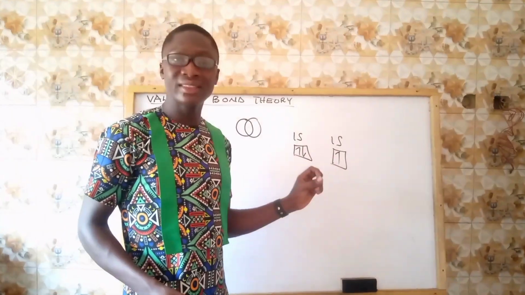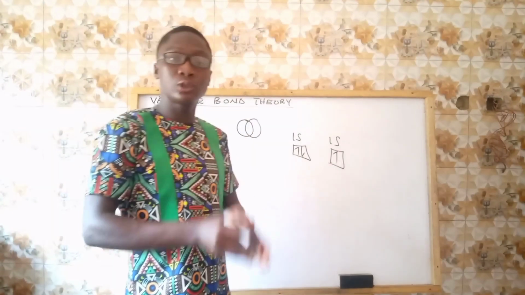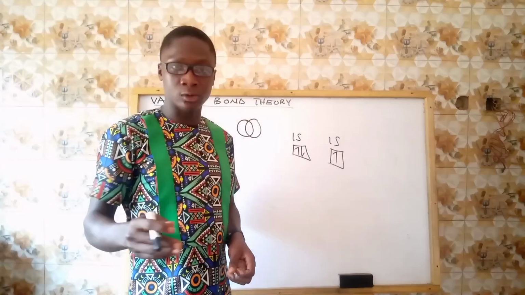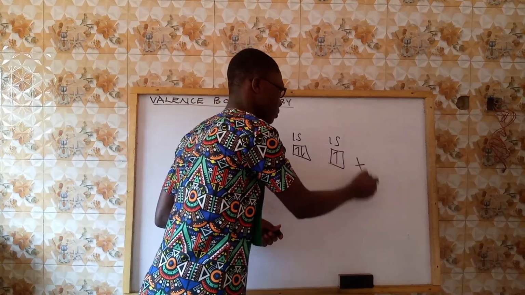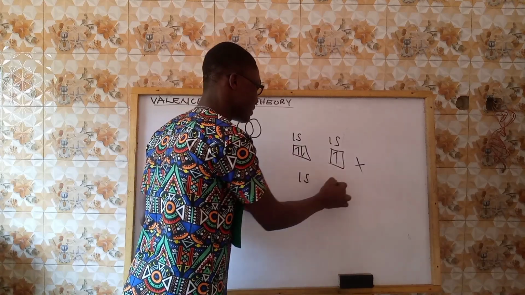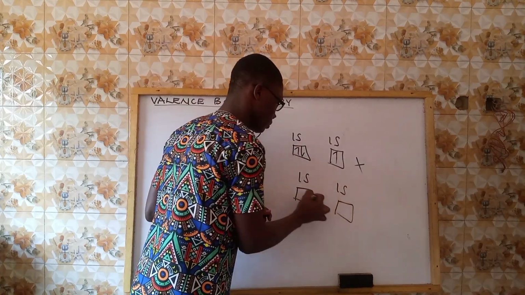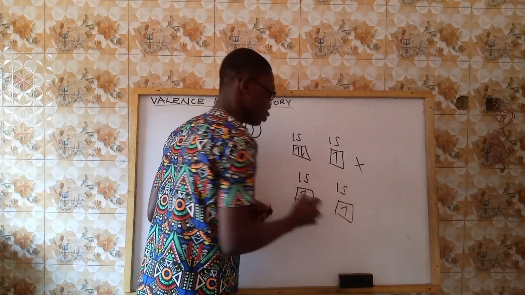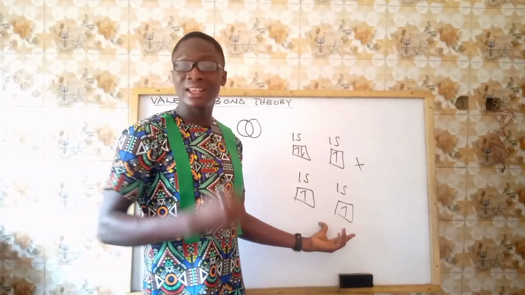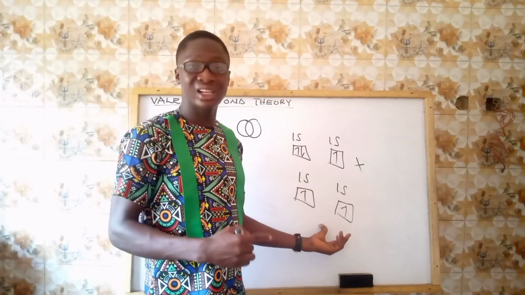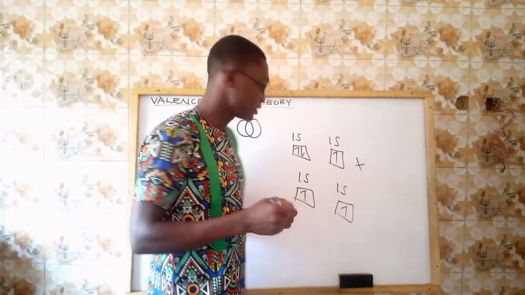The rule is saying that for them to be able to overlap, they have to be half filled. So it means that these cannot overlap. Now we have 1s here and 1s here. Now they are half filled, but still they can't overlap because the rule says that the electrons must have opposite spins.